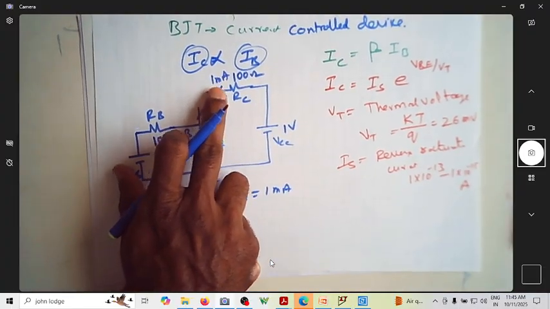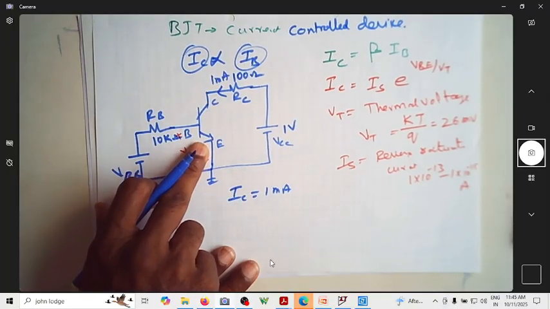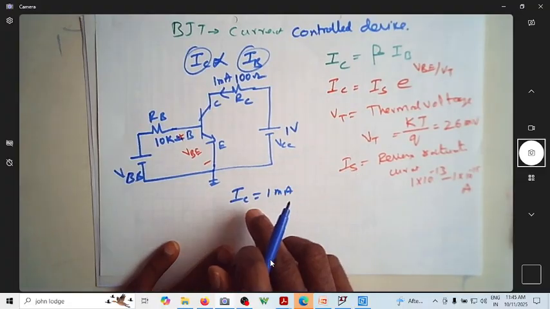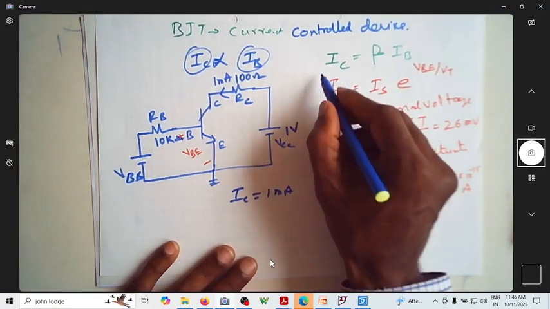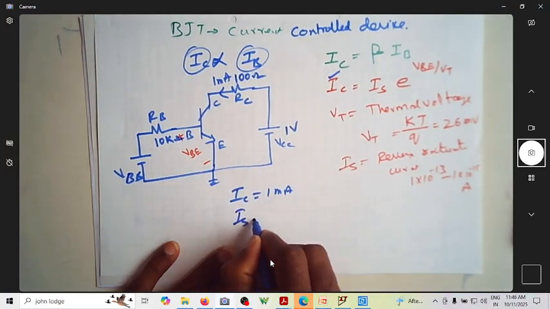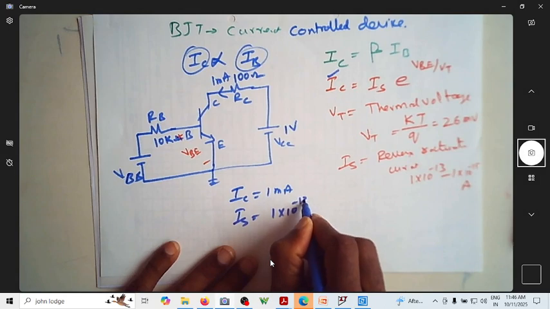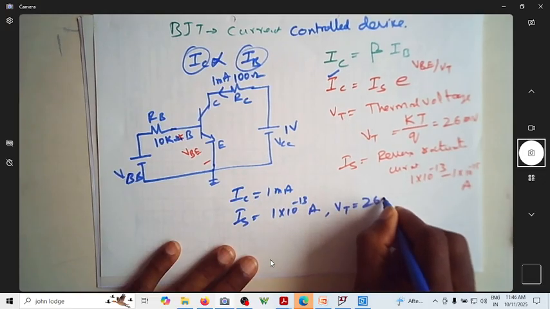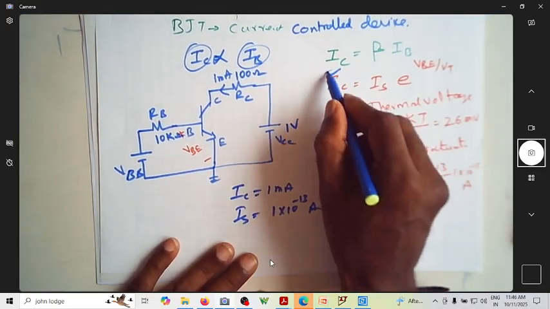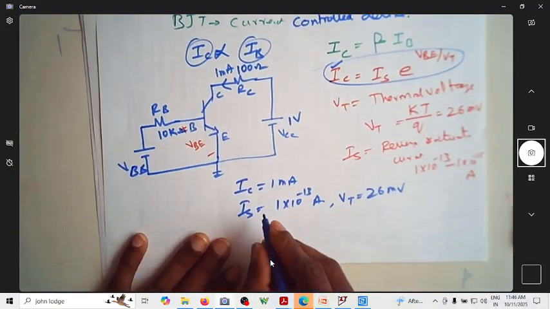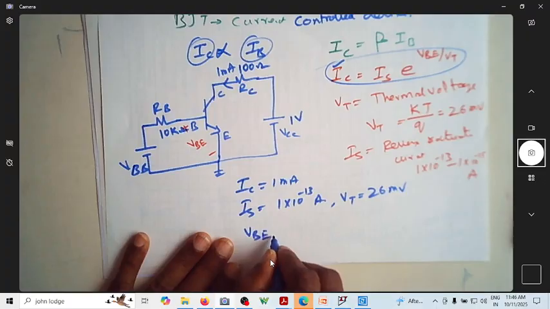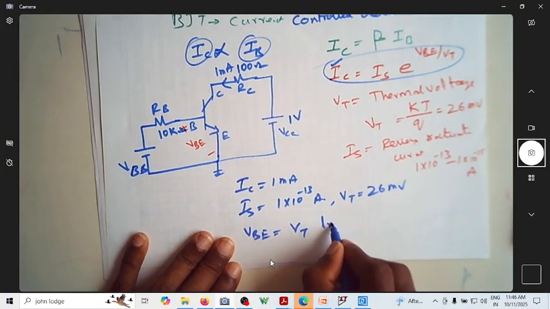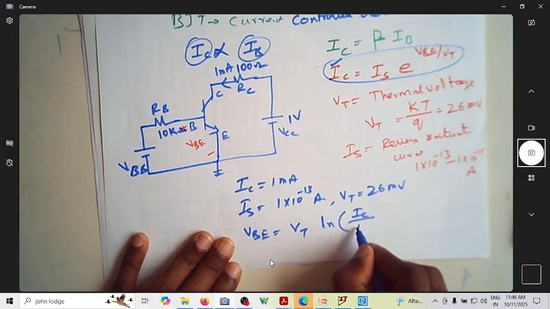I want to have a current of 1 milliampere flowing to the collector, for which I have to apply sufficient base current. So with this IC is equal to 1 milliampere. Let us assume that IS is equal to 1 into 10 power minus 13 amperes. Let us assume VT is equal to 26 millivolt. From this equation, I can find VBE. VBE can be written as VT multiplied by ln of IC by IS.